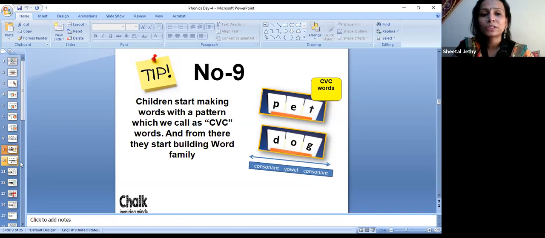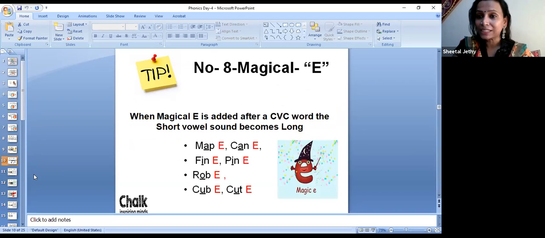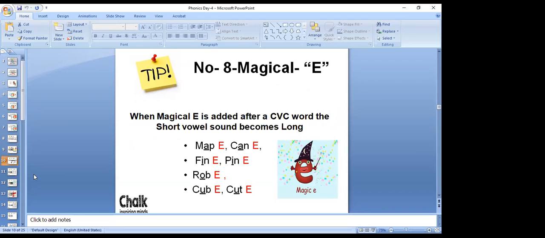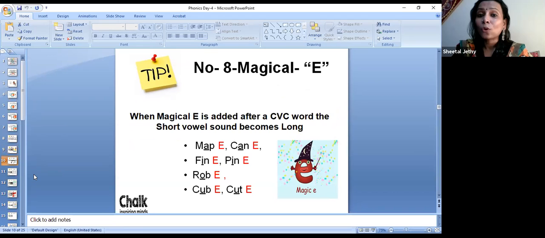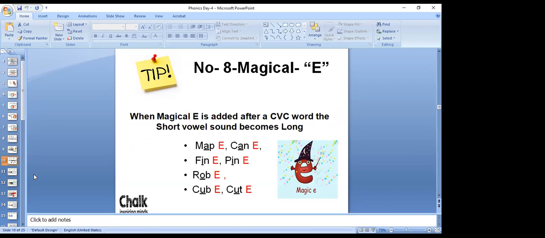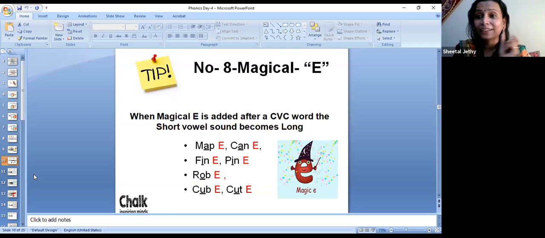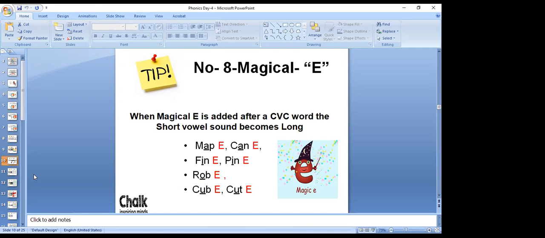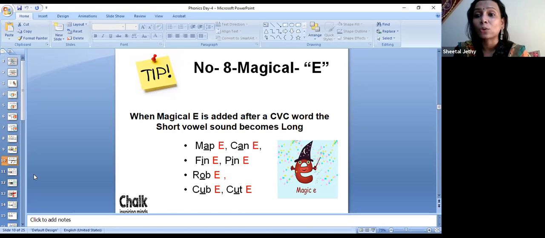Let's move on to tip number 8, the magical E, right? When there is a CVC word and E is added at the end of that CVC word, the A is a short vowel at that point of time. So when we say map, the A has a short sound, map.